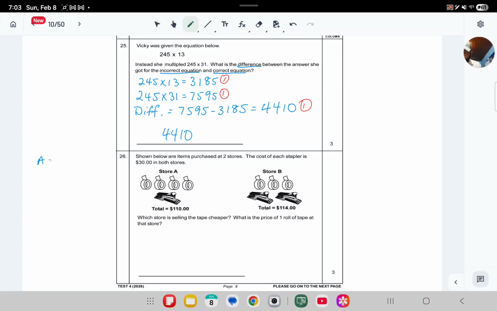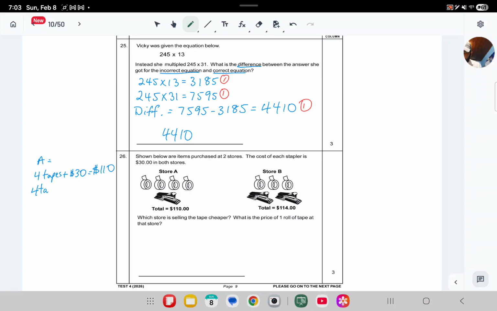So store A, we know 4 reels of tape, so 4 tapes, plus $30, because that's the cost for the stapler, is equal to a total of $110.